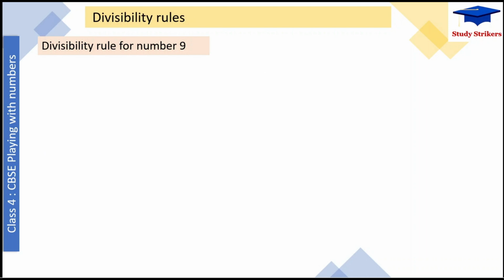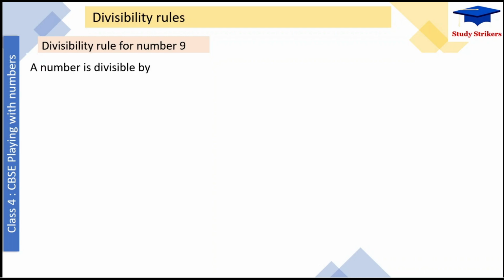Divisibility rule for number 9. The divisibility rules for 9 and 3 are the same, but there is a catch. Any number which is divisible by 3 doesn't mean that 9 can also divide that number. For example, 12 is divisible by 3 but it is not divisible by 9, so don't get confused between the two.